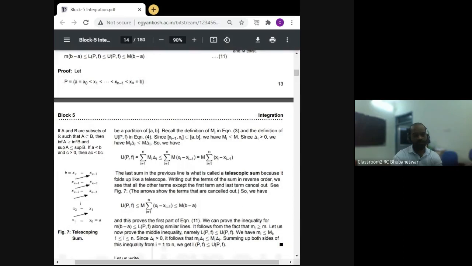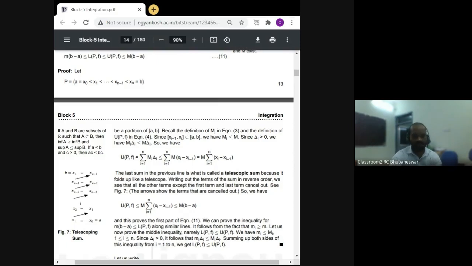We are using here the upper Darboux sum and the lower Darboux sum. In the upper Darboux sum we have capital Mi and delta i, and delta i can be represented as xi minus xi minus 1. Now, as capital M is constant, it can be taken out of the summation, and finally the remaining part of the summation is xi minus xi minus 1.